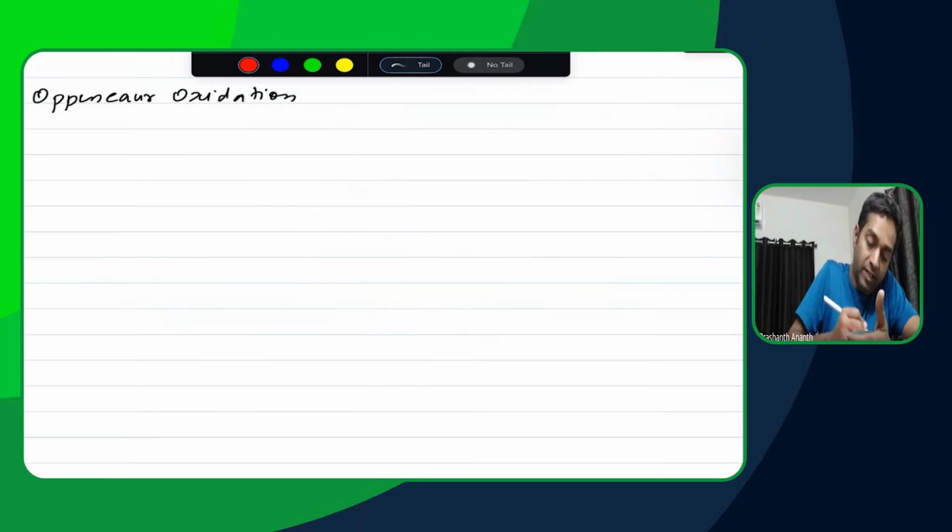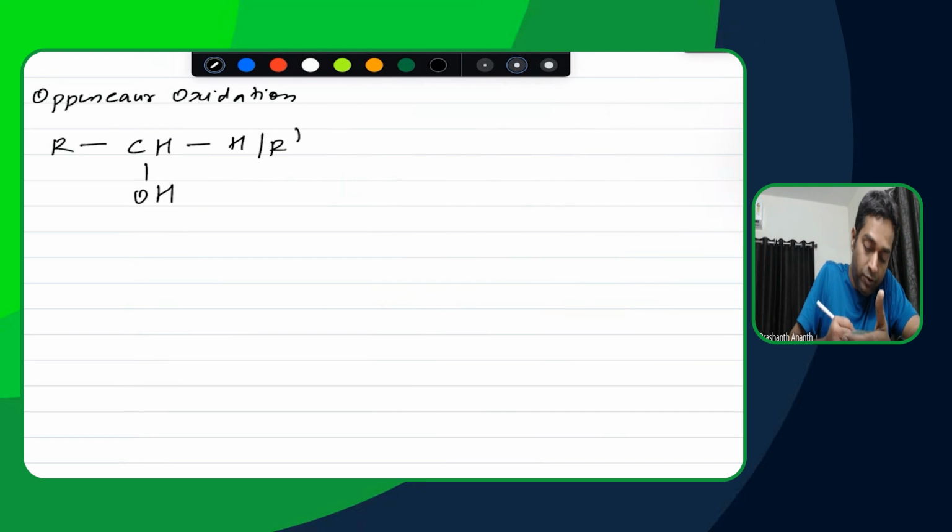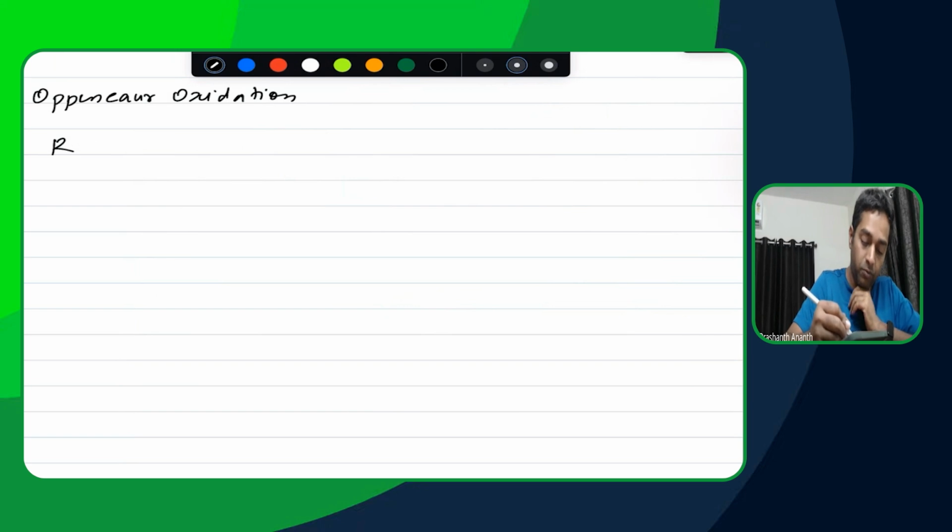So when I say general alcohol, I'll be taking something like R-CH(OH)-R'. I'll be taking a random general alcohol over here, something which can undergo oxidation.